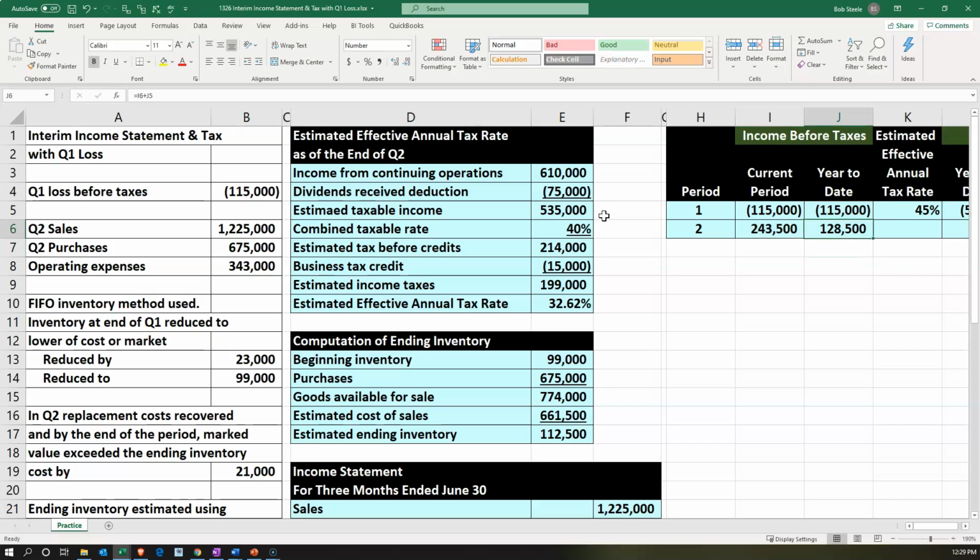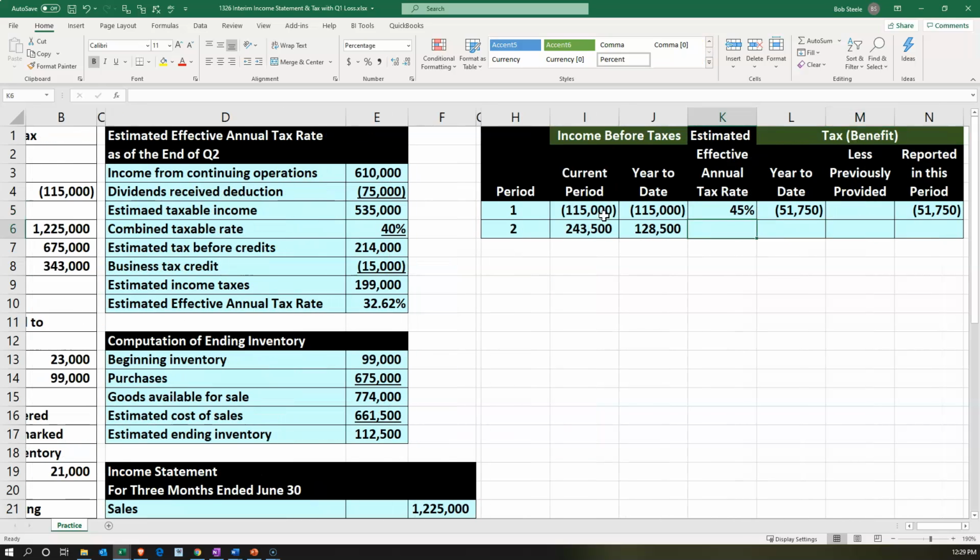So this number minus this number gives us the 128.5. Then we're going to take our rate. So this is going to be equal to this 32.62. I'm going to add some decimals here so we can see the decimals. And so there we have that.